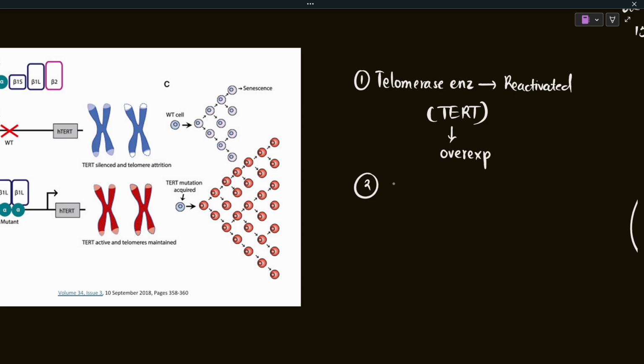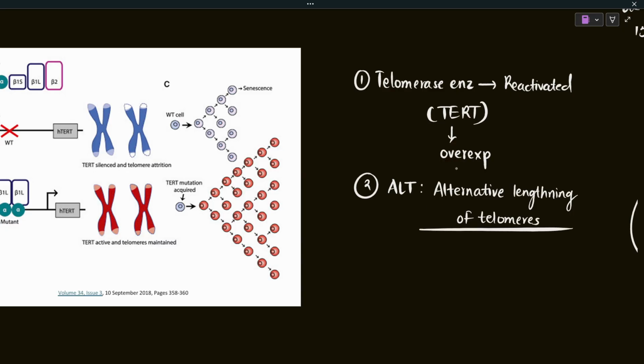Or the second mechanism is the ALT pathway. This is known as alternative lengthening of telomeres.